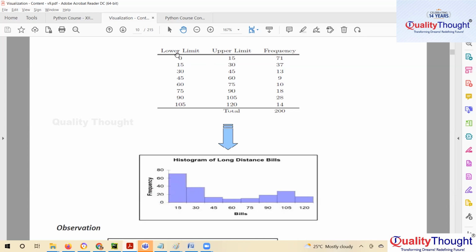So I've taken the limit from 0 to 120 and divided by 10, creating the limits 0 to 15, 15 to 30. This is what we saw yesterday. Remember? We created these groups, and now we know the frequency, the number of bills that fall in the 0 to 15 range, in the 15 to 30 range, and in the 30 to 45 range.